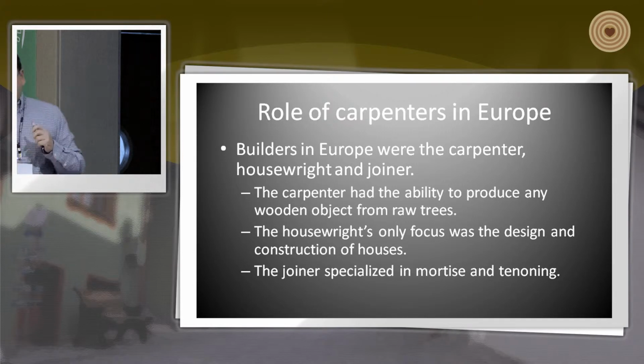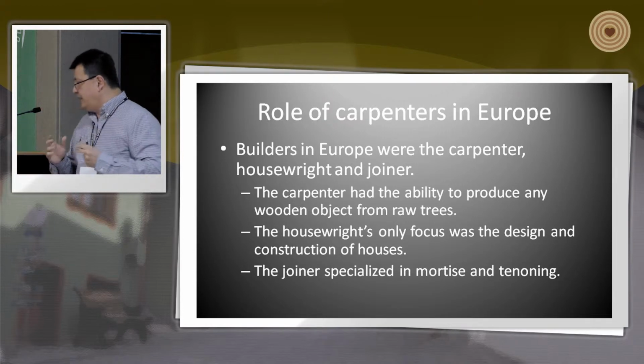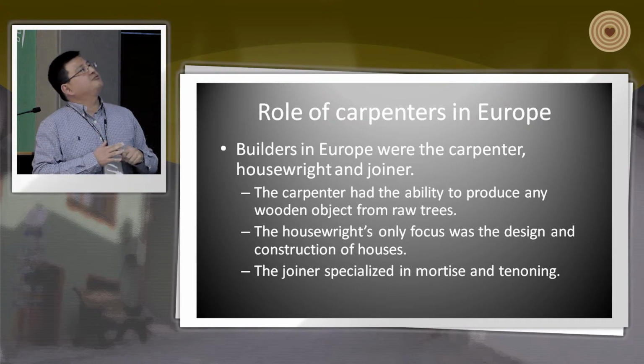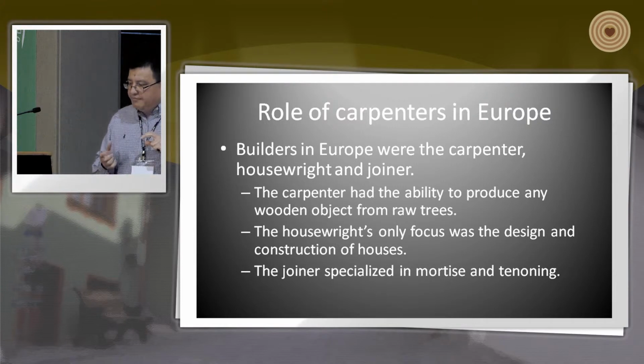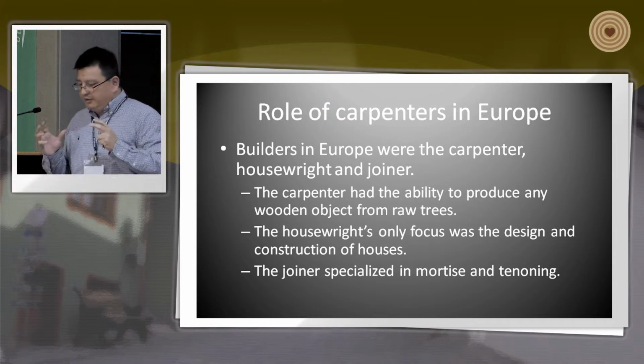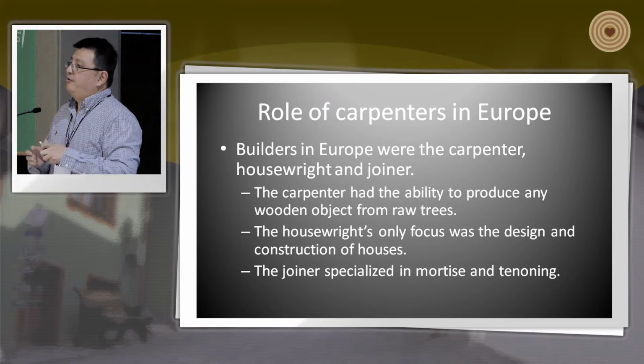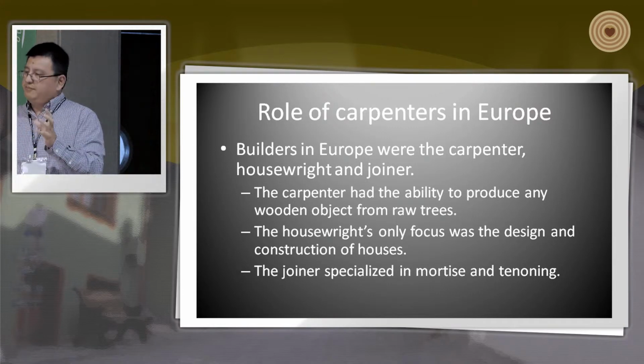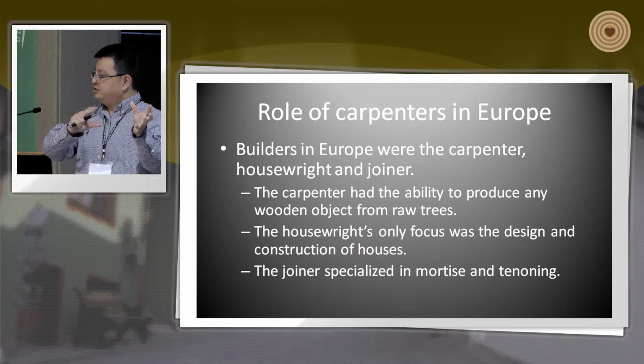In Europe, builders are classified into 3 different types. One is carpenter, one is housewright, and another is joiner. Carpenters are probably the most influential, most important role; they basically turn raw timber, turn logs, into the structure.